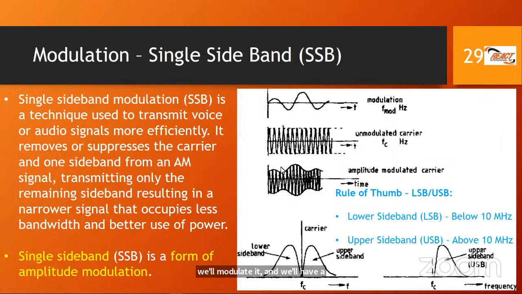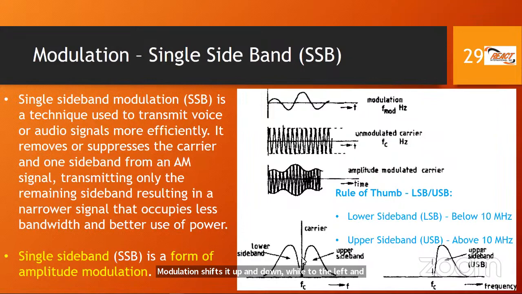So we have an AM wave here. If we were to look at the diagram at the bottom here, we have our carrier here. And when we speak, remember amplitude modulation shifts it up and down? Well, to the left and to the right, we have our lower sideband and our upper sideband.